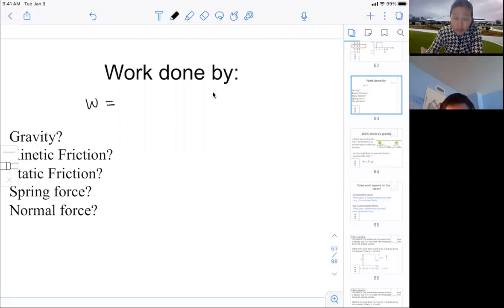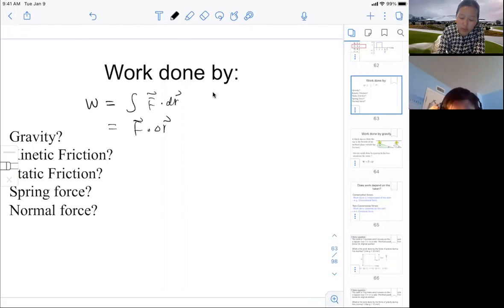Also the force could change, so it could be different at different locations. To be more accurate, work is defined as the integral of F dot dr. But if your force is constant, then that's simply F dot delta r, force dot displacement, okay?